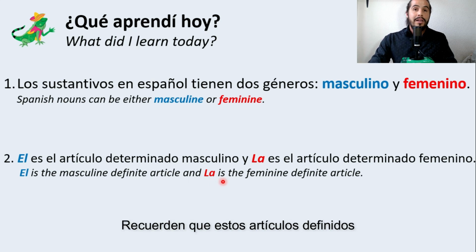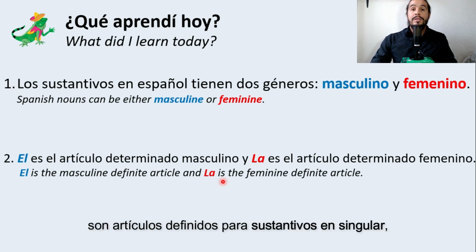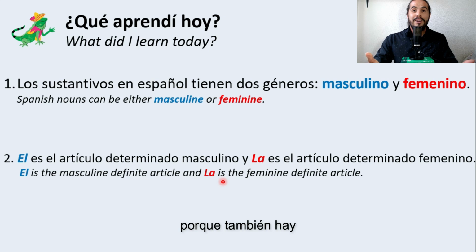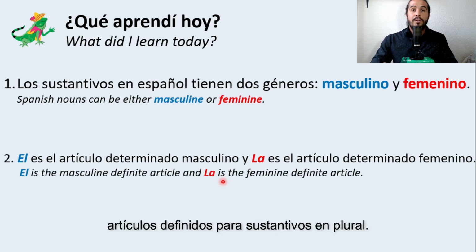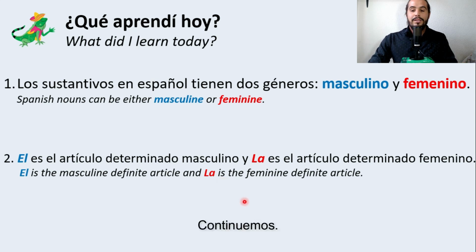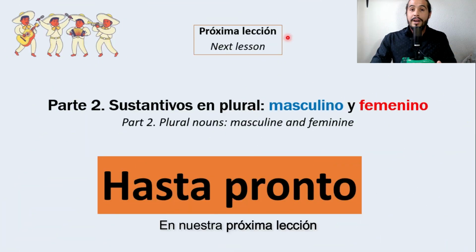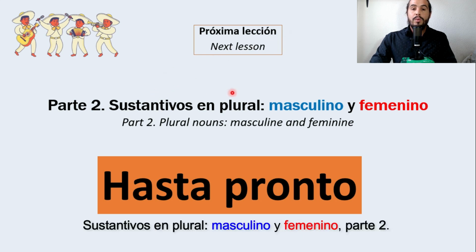Remember that these definite articles are for singular nouns, because there are also definite articles for plural nouns. Let's continue. In our next lesson, próxima lección, you are going to learn about sustantivos en plural, masculino y femenino, plural nouns, masculine and feminine, part 2, parte 2.